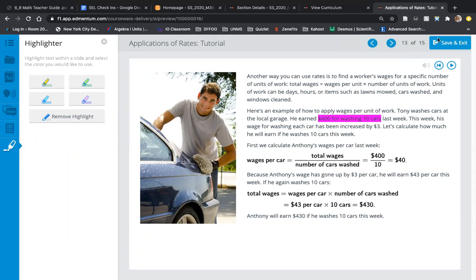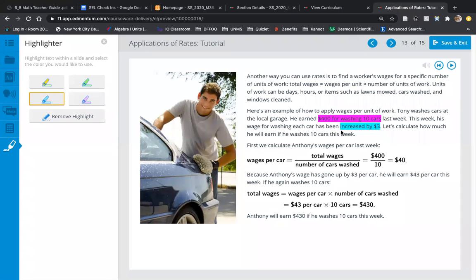And it says, this week, his wages for washing each car have been increased by $3, right? So this question is going to be a couple of different parts. So now we know that his wage increased by $3, but we actually have to try and figure out what his wage was before, right?